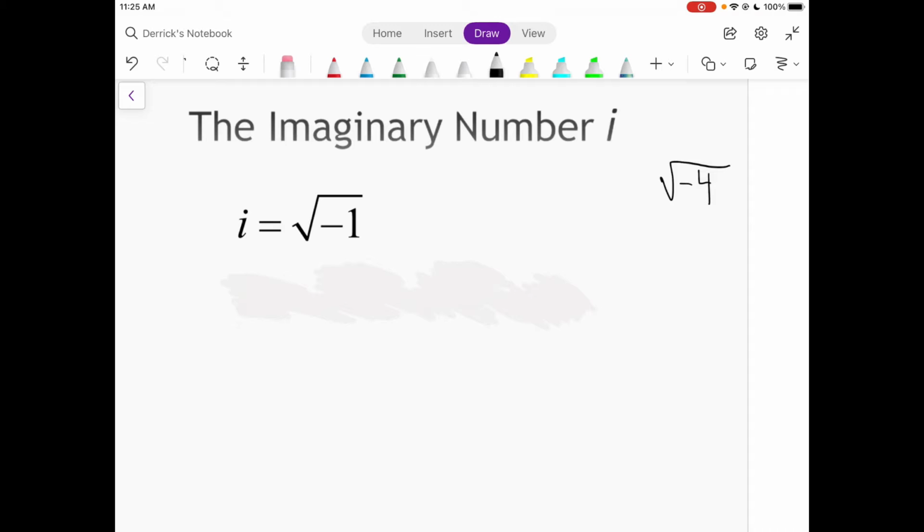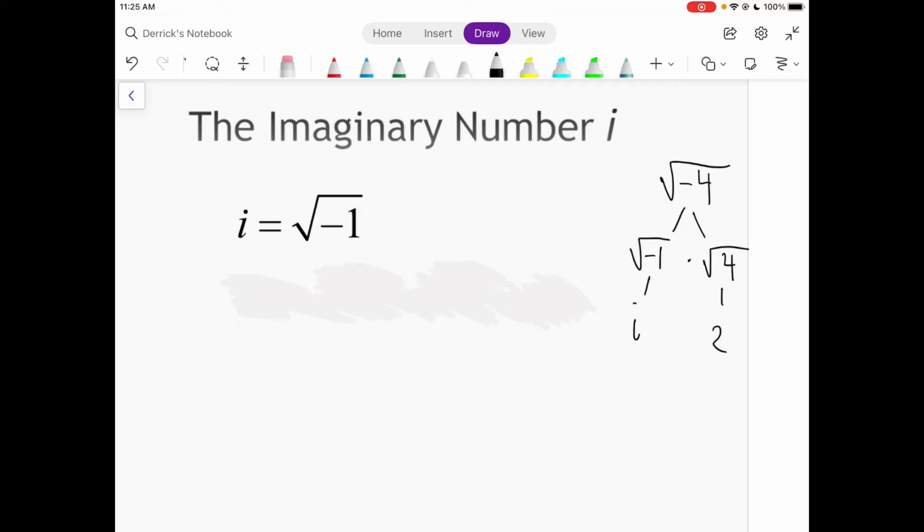But if we use this imaginary number i, what we could do is split up the square root of negative 4 into the square root of negative 1 and the square root of positive 4. And so since we have stated that the square root of negative 1 is i, and we know that the square root of positive 4 is 2, or if you don't know, your calculator can tell you that, right?